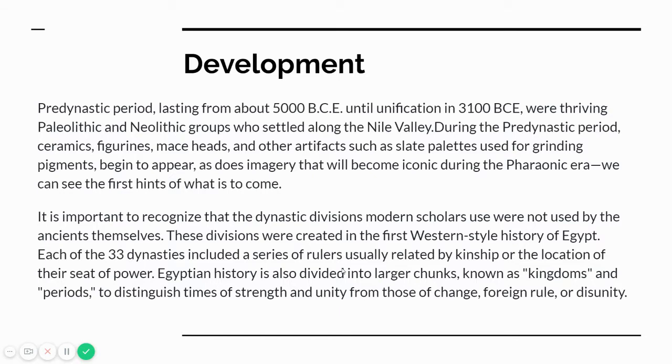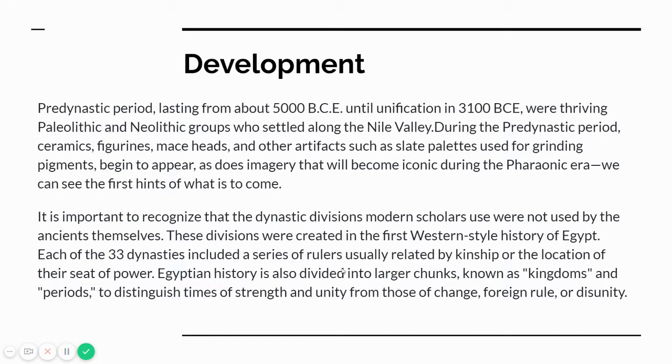But the 33 dynasties that we have included a series of rulers that were related by kinship, and the location of their seat and their power. Location literally meaning the city where the kingdom was located during that ruling.